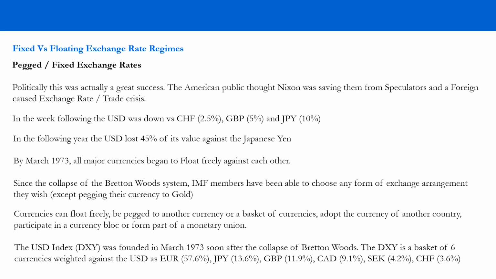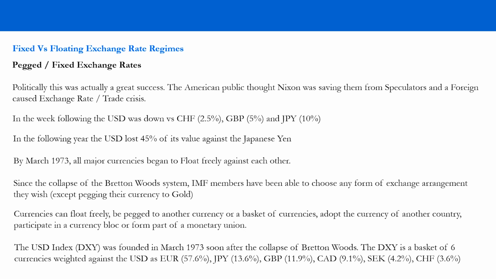And basically by March 1973, all major currencies began to float freely against each other. Since the collapse of the Bretton Woods system, the IMF members have basically been able to choose any form of exchange rate arrangement that they wish to have, well, except pegging their currency to gold.